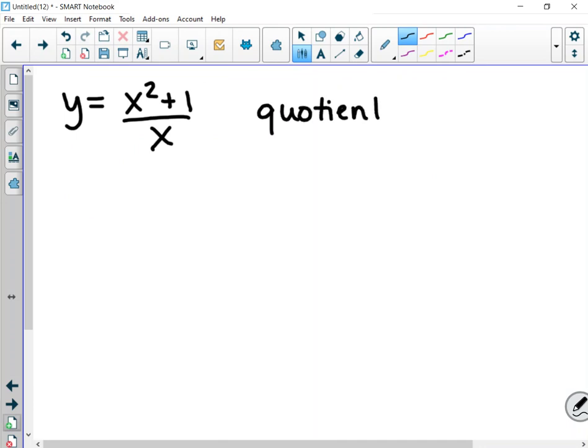I don't have to change my problem at all. I can take the problem the way it's presented. I don't have to rewrite it, simplify it, or rewrite it as a product. I can take the quotient I'm given and apply the quotient rule.